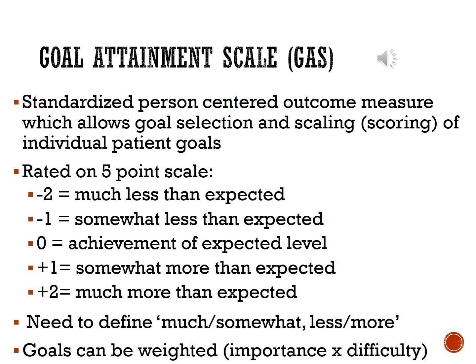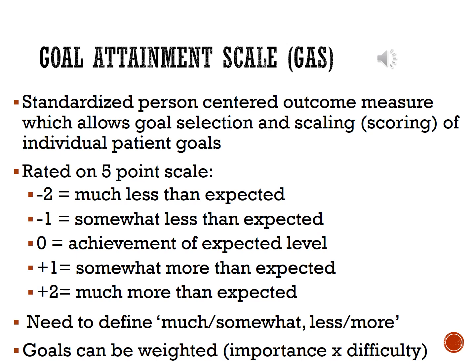Then when you go to measure the patient's progress, you do your typical measurement, and then you determine whether they achieved that goal at a level of 0, or were they better than their goal? Was it somewhat better? That would be a +1. Was it much more than the expected outcome? That would be +2. Or the converse: was it -1, somewhat less than expected, or -2, much less than expected?